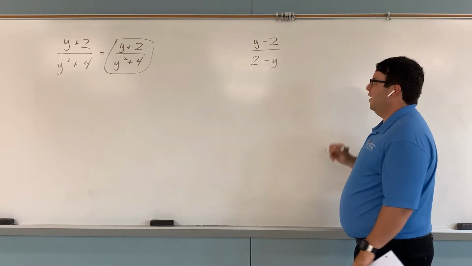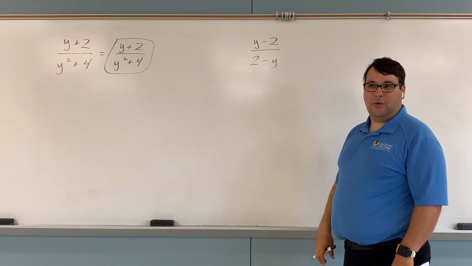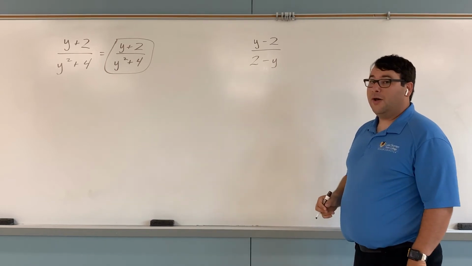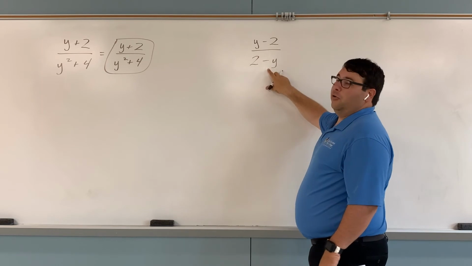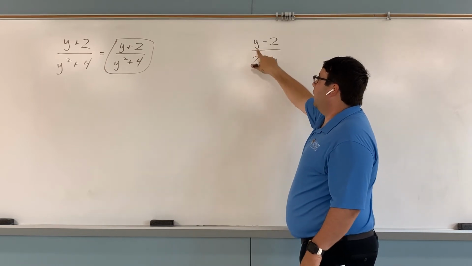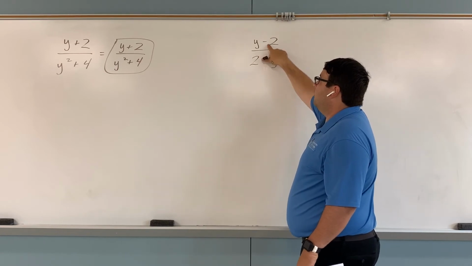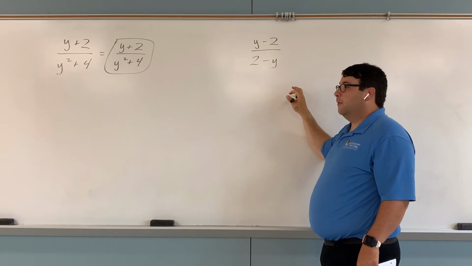And you might be looking at it and saying, what are you talking about? There is not a -1 there. Believe it or not, there is. Notice how these are written in opposite pattern. They're actually quite literally opposite because this is a positive y, this one's a negative y. This is a -2, this is a positive 2. So they are quite literally opposite of each other.